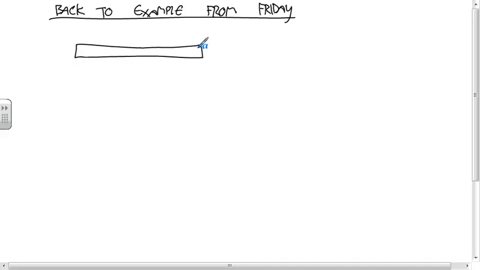You had a beam, a pin joint here, a roller at the midpoint, a mass of 500 kilograms, and a force over here of 40,000, negative 5,000.